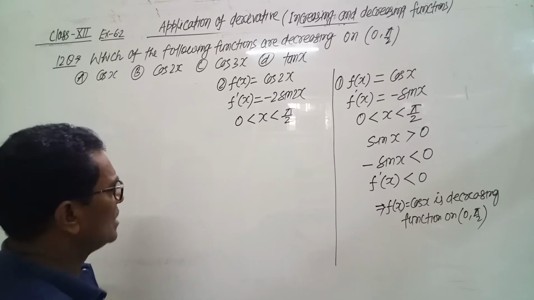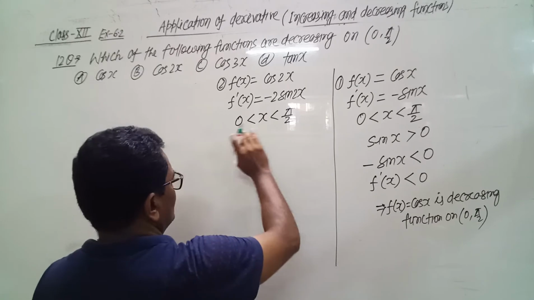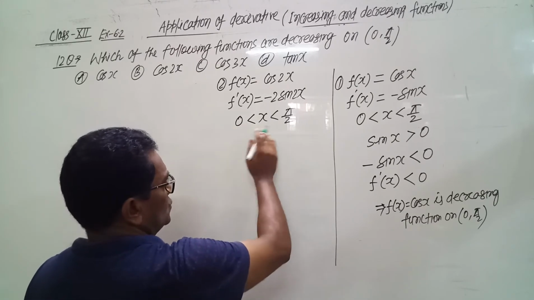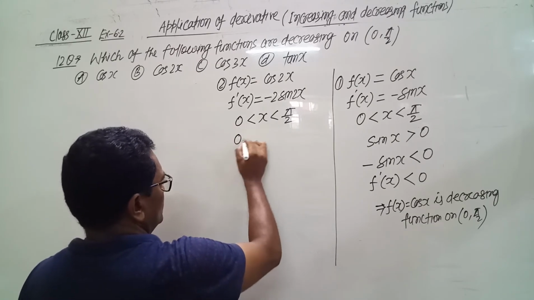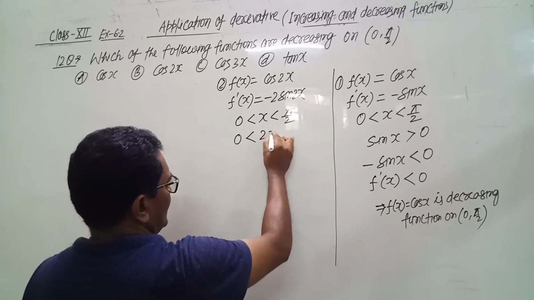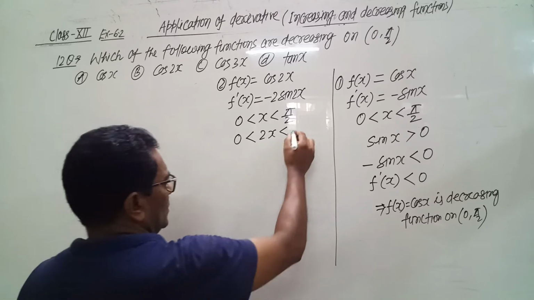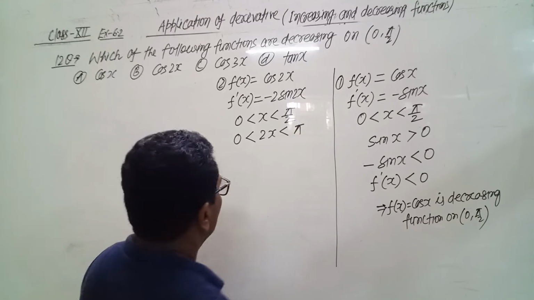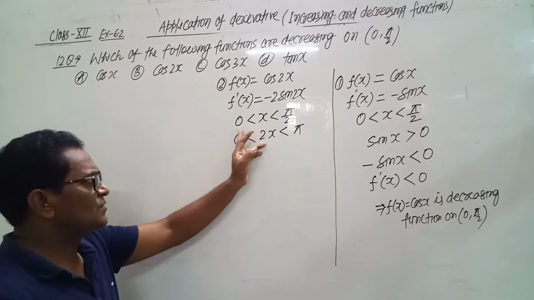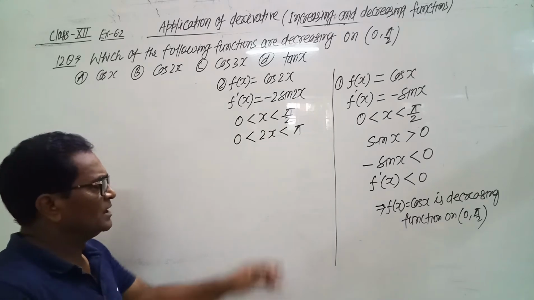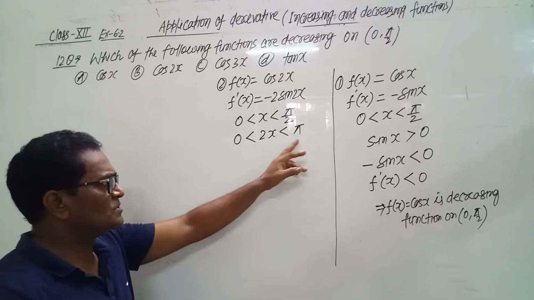Multiply all parts of this inequality by 2. So 2 multiplied by 0 is 0, 2 multiplied by x is 2x, and 2 multiplied by pi by 2 gives pi. So if x lies from 0 to pi by 2, then 2x lies from 0 to pi.